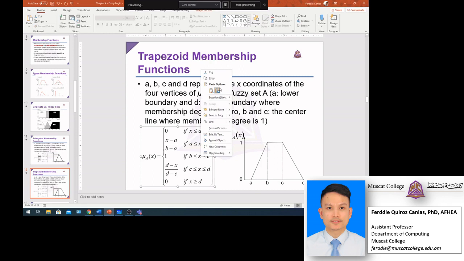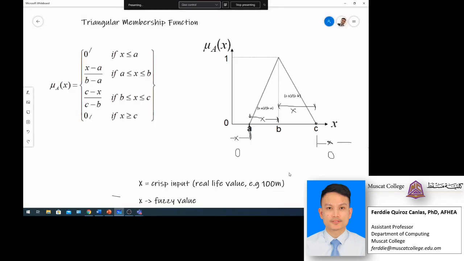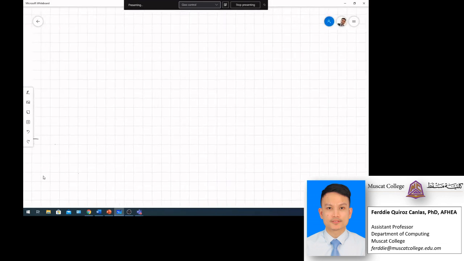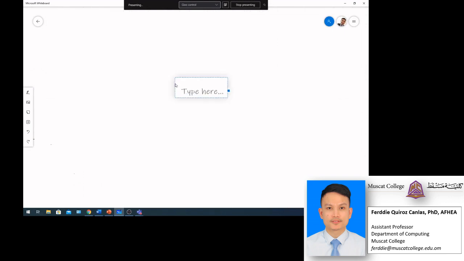Again, let me copy this in the whiteboard so that you could see it later. This is for trapezoidal.